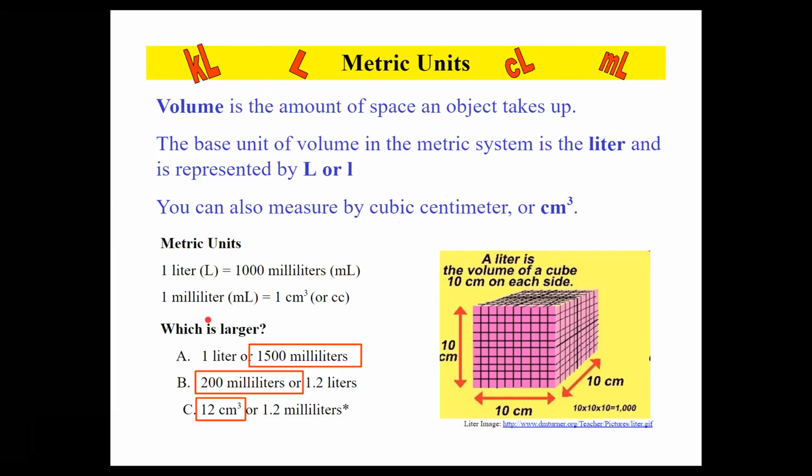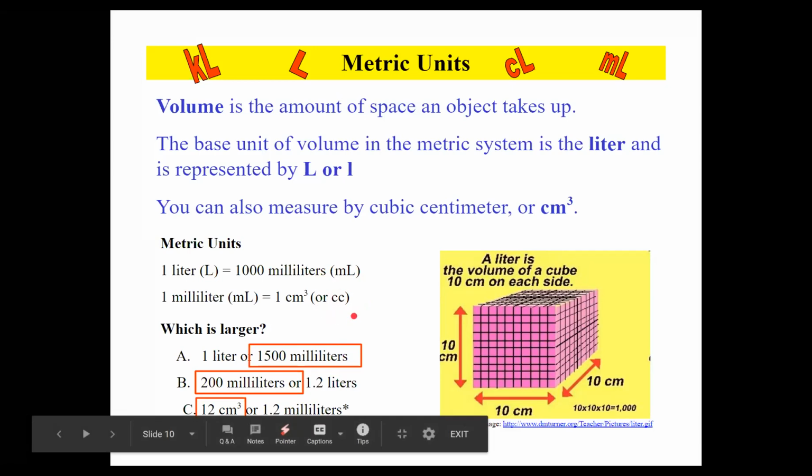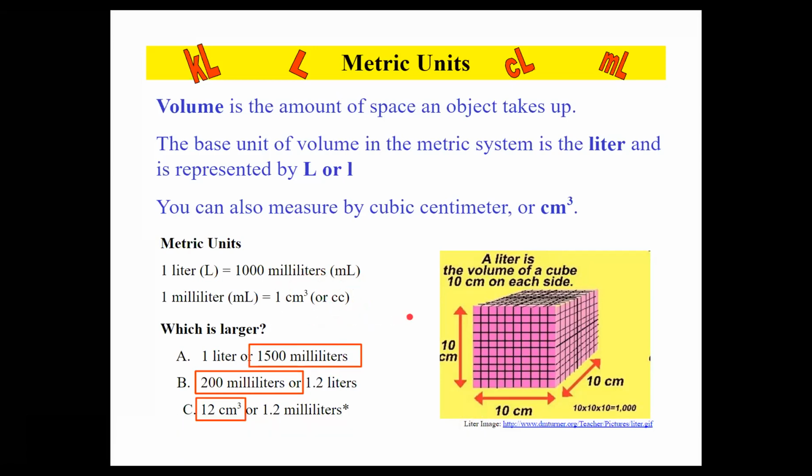One interesting thing though is that 1 milliliter of liquid is equal to 1 cubic centimeter. Another way that people describe cubic centimeters is cc. So if you've ever heard of medicine, especially at a hospital, where you have to be given a certain number of cc's of medicine, that's what they're talking about, cubic centimeters of medicine.